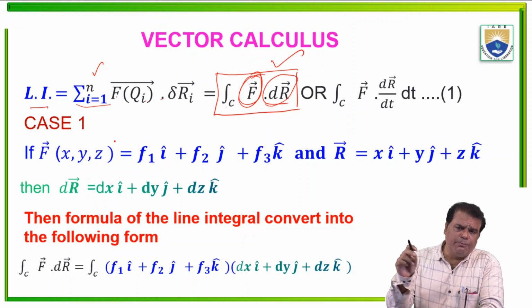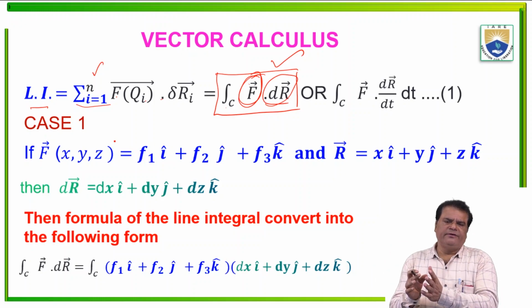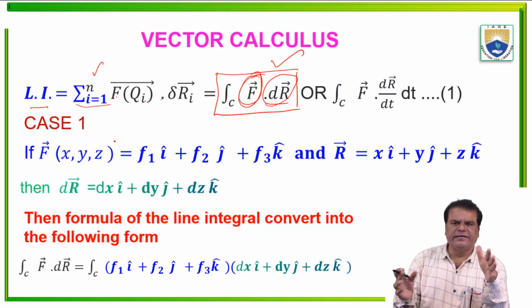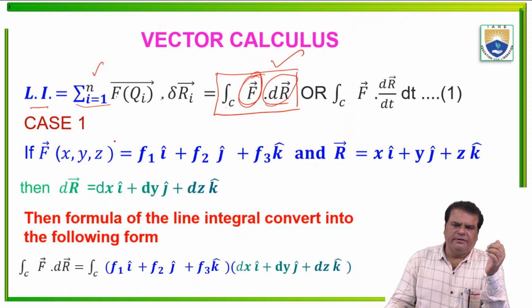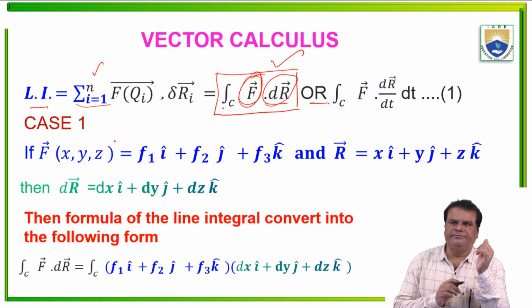But there are several points from A to B. So that is the addition of the work done by the force between all points. That addition converts into an integral from A to B. So this is the integral over C of vector function dot dr, or we can say vector function dot dr over dt into dt.